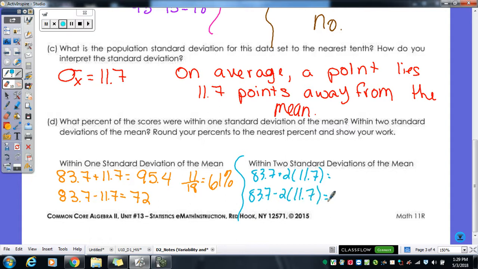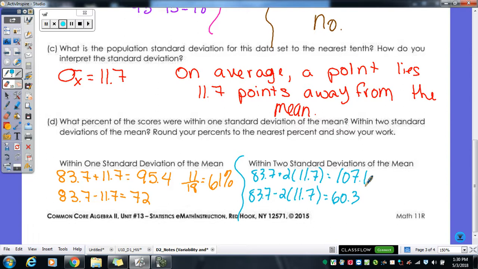So let's figure out what those two numbers are. So we would do standard deviations higher or lower. 60.3 would be our lower end. And then what would be our upper end? 107.1.